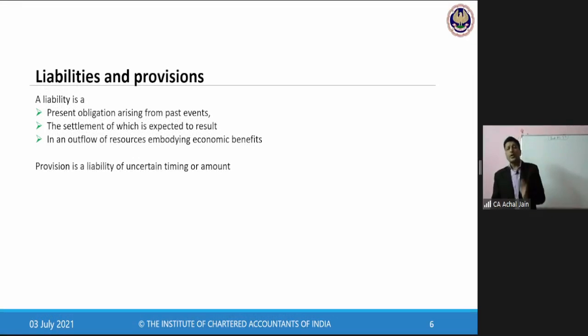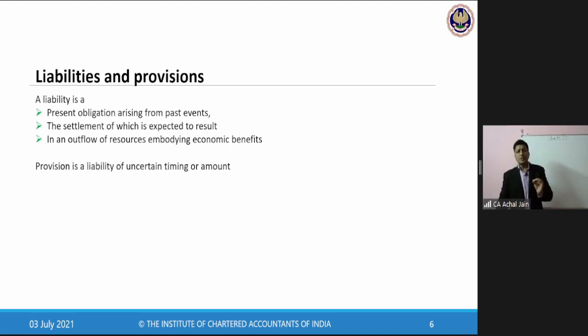Now, if we talk about the scoping requirements, this standard talks about certain contracts which are called executory contracts. And this standard doesn't apply to those executory contracts. So let us try to understand what we mean by executory contracts.